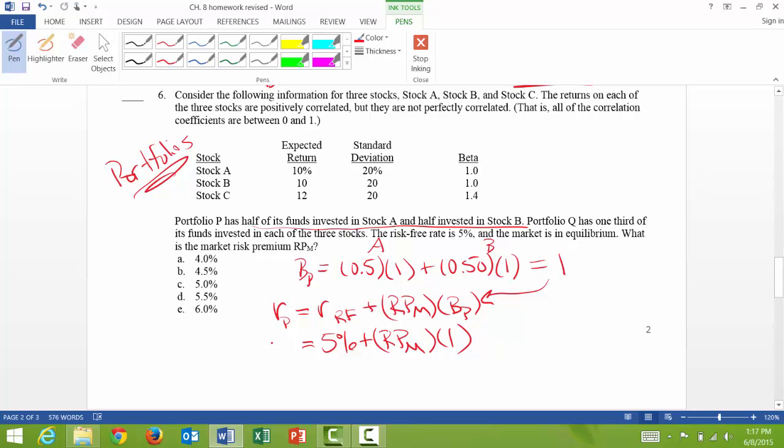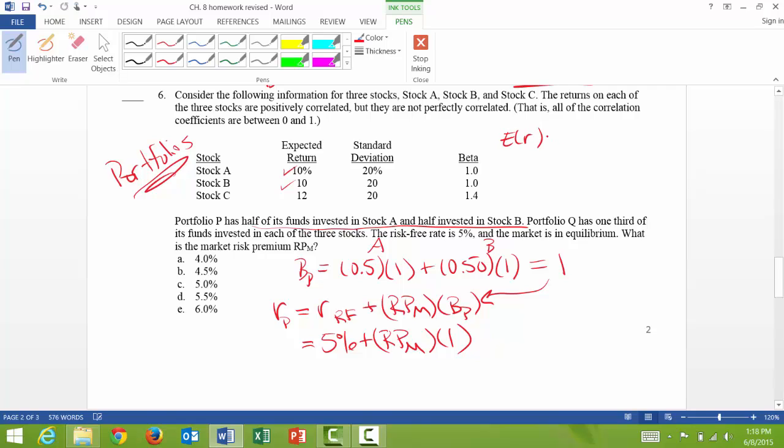And the return for the portfolio is equal to 10%. Really, if I had half my money in stock A, 0.5 times 10% plus 0.5 times 10%, then I'm going to have an expected return. So that could be another thing.